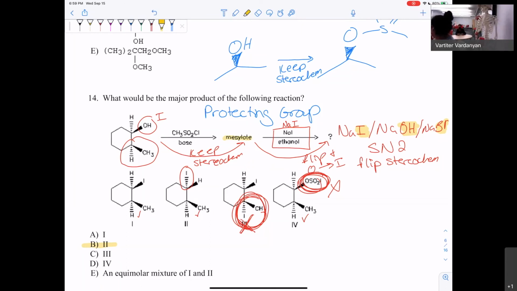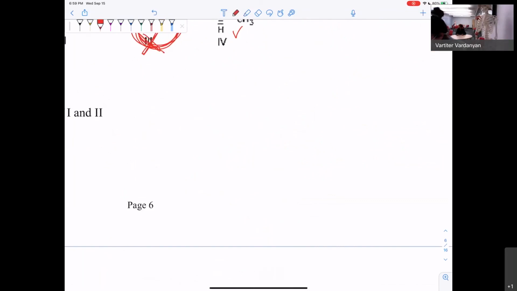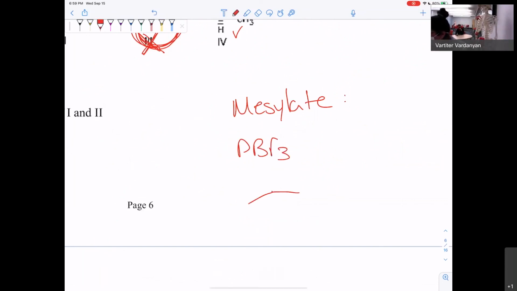Well, mesylate is the protecting group. So we have two different protecting groups. We have mesylates, which is what we just talked about, and then we have PBr3. PBr3 turns an alcohol into a halogen, and it's SN2, so it flips.